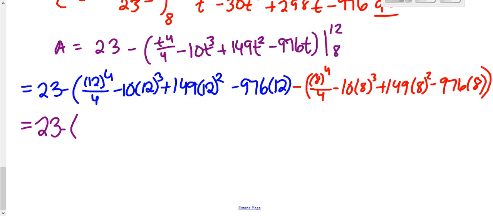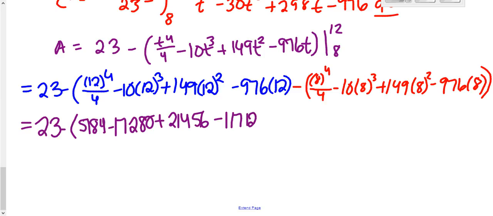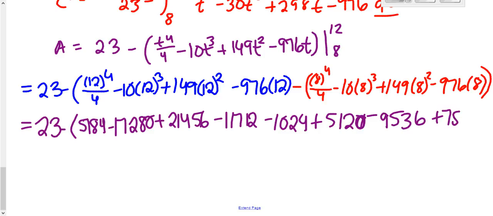This will be 5,184 minus 17,280 plus 21,456 minus 11,712 minus 1024 plus 5120 minus, that's a 0, 9,536 plus 7,808.